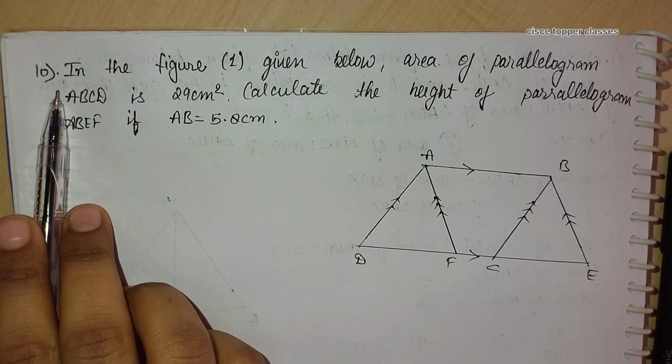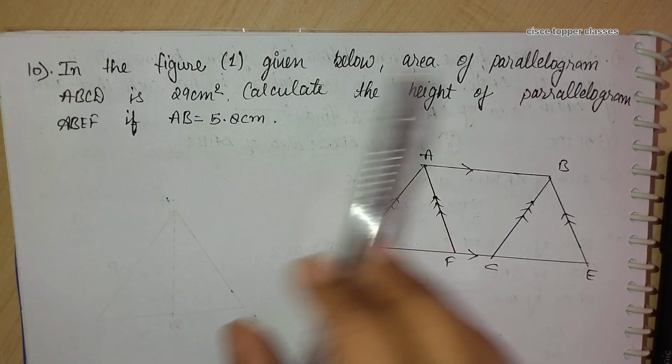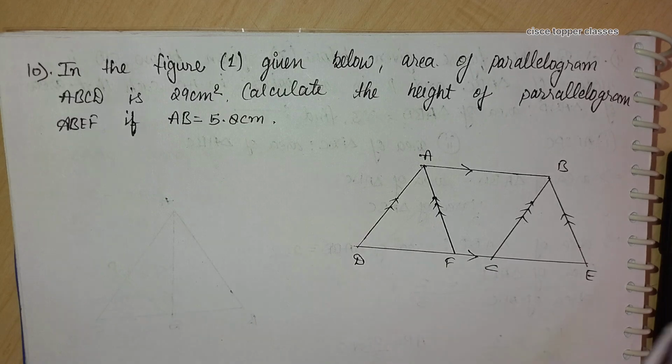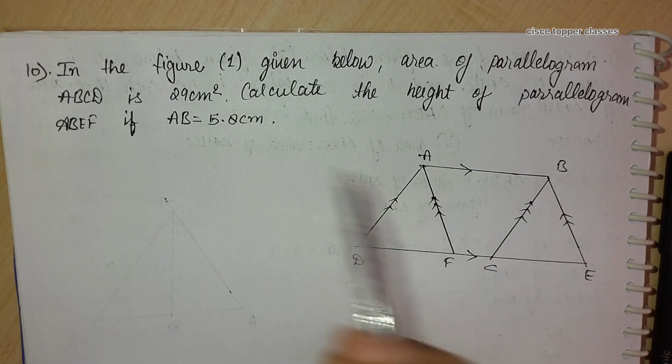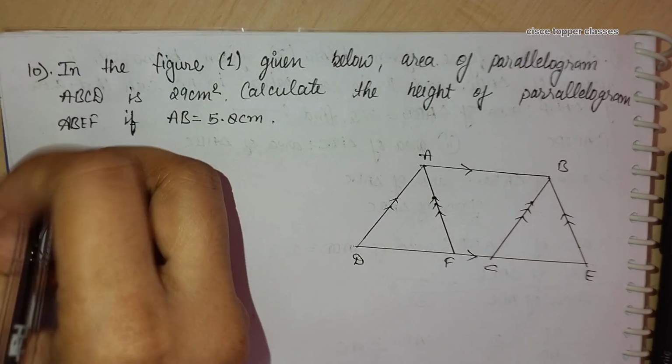Now let us solve 10th first part. In the figure given below, area of parallelogram ABCD is 29 cm square. Calculate the height of parallelogram ABEF if AB is equal to 5.8 cm.